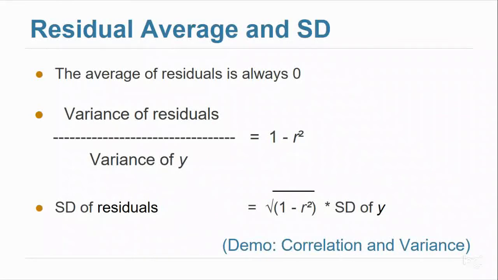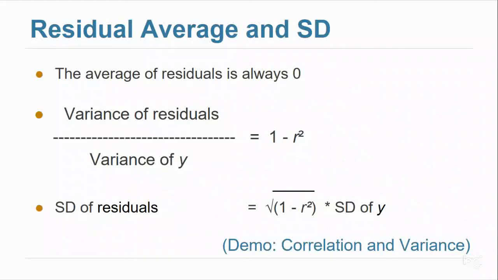We know that the average of the residuals is always 0. Now we're getting a handle on the standard deviation, or the spread, of the residuals, and that spread is a function of both the correlation coefficient and the standard deviation of our y values to start.